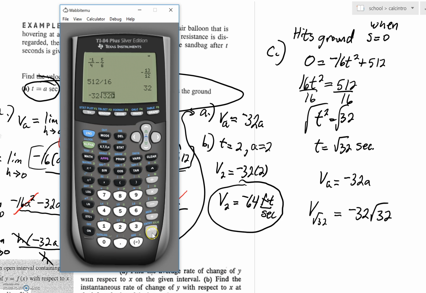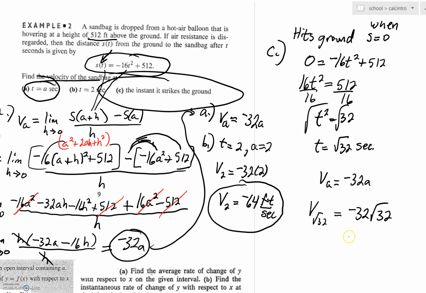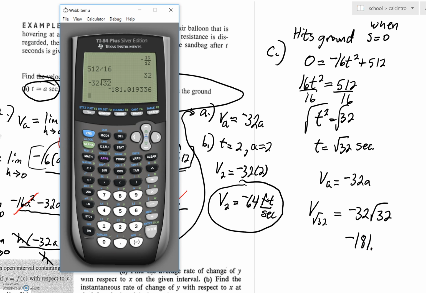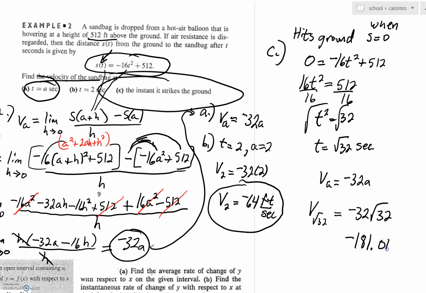Negative 32 times radical 32. Hey, that's negative 181.019. By the way, AP rounding on the College Board's test, they want you to go to 3 decimals. And that would be feet per second.